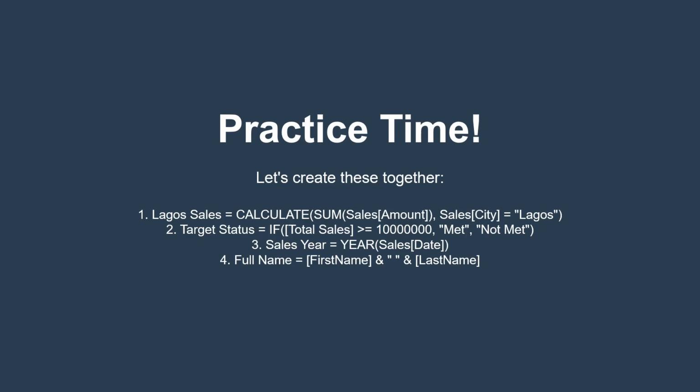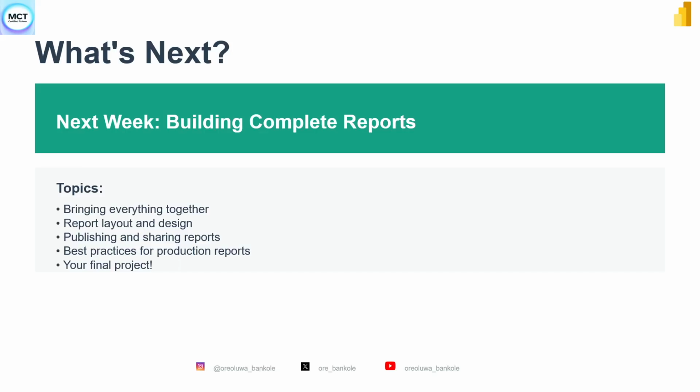Now, next class, we're going to be moving to building complete reports. Building complete report is us trying to bring together everything that we have learned, right? We're going to be learning how to build a report layout, how to build designs, how to choose colors, and where to get inspirations from.